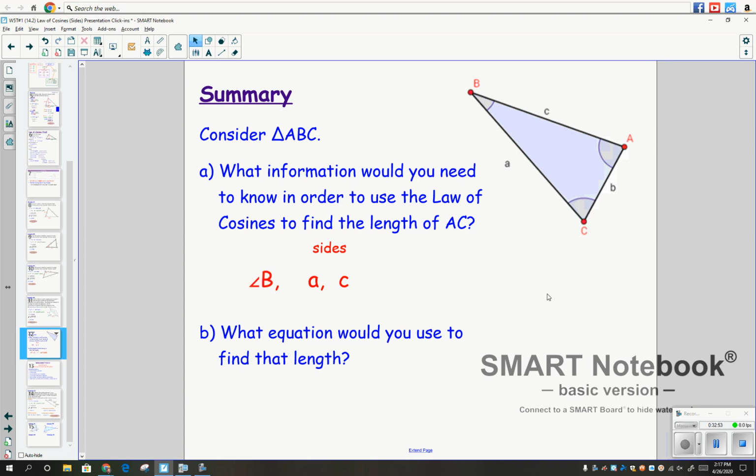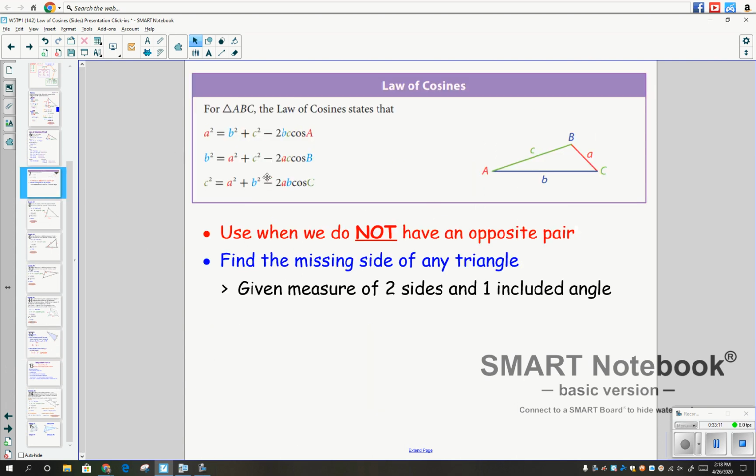Which equation would I use? Well, I'm trying to find side B, so I want the equation that is B squared by itself. B squared equals A squared plus C squared minus 2AC times cosine of B. Now, in summary, remember, I go back to this. If I look at these 3 formulas, what is really the only difference? They're all the same formula.